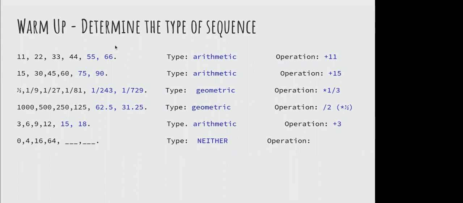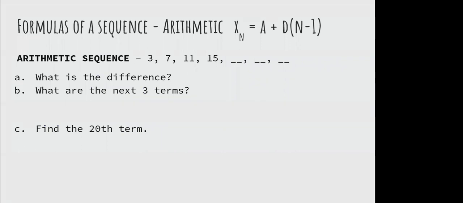If our sequence is arithmetic, we can find any term in the sequence if we take the first term and add it to the difference times whatever number we're looking for minus 1, or times the number before the one we're looking for. But we're going to work that out.